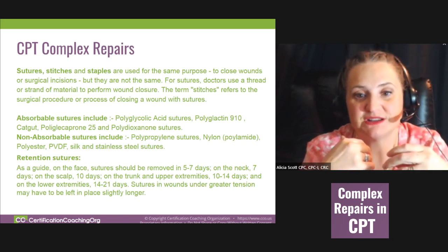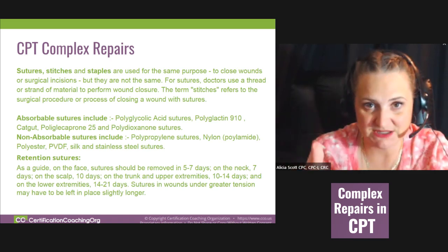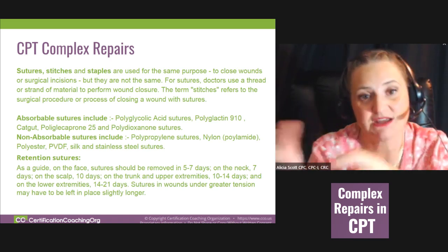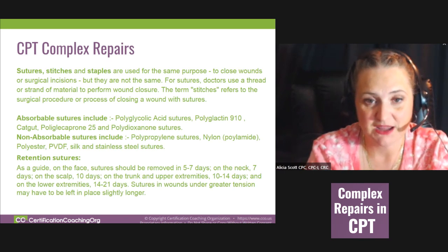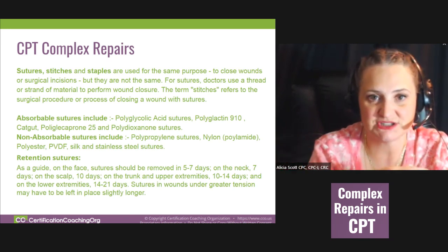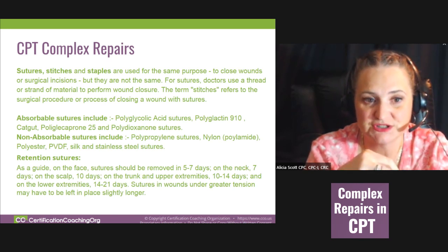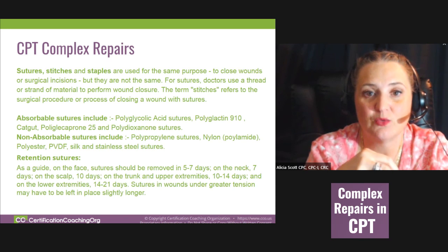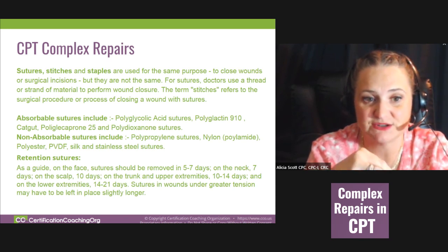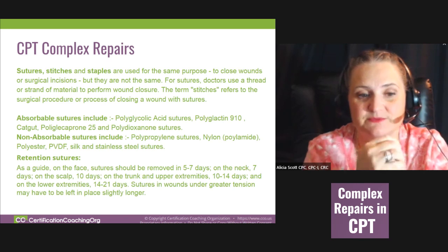It's not really synonymous in the medical field. It is for a layman, and they say, "Oh, look, I got stitches." Yes, you got stitches. But the sutures is what we did to the patient. We stitched up the patient with sutures.